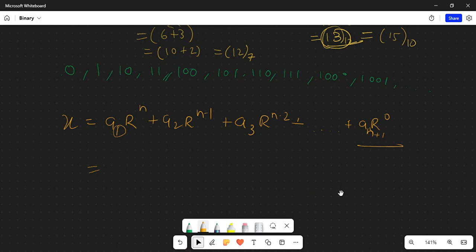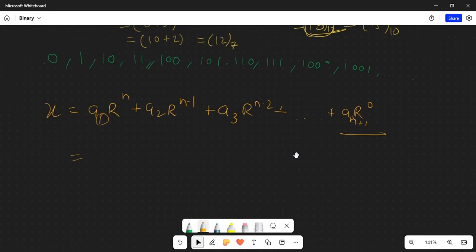Now the next thing is, whatever the radix is, it could be 5, it could be 10, or duodecimal it could be 12, for hexadecimal it could be 16, and for binary it is 2. So from the decimal number system, we would like to stay in the decimal number system so that we do not get confused. And when we are using this system, we are writing the radix in this form.